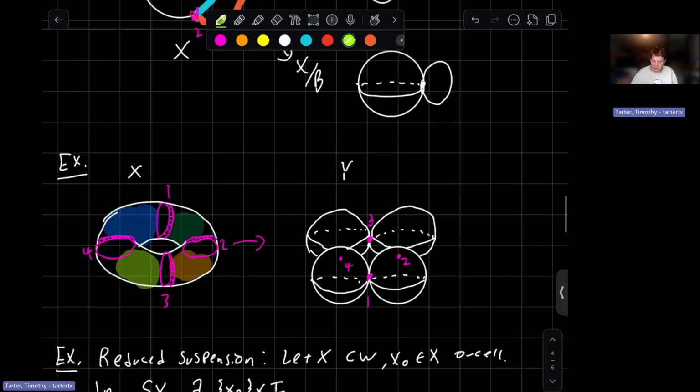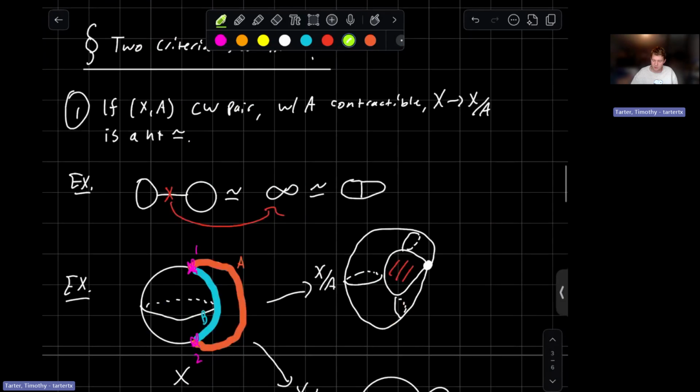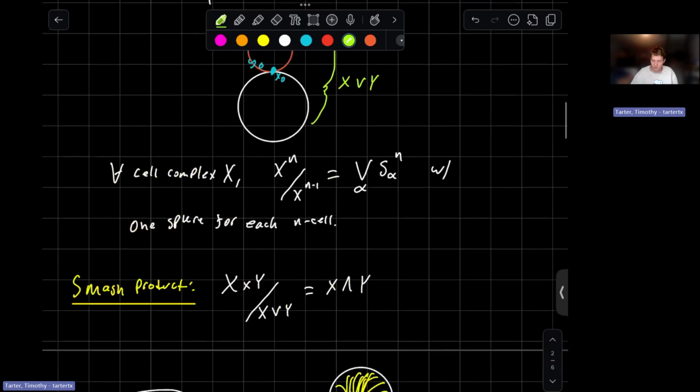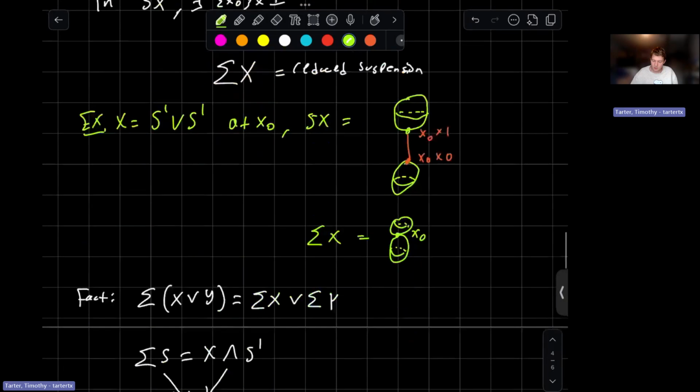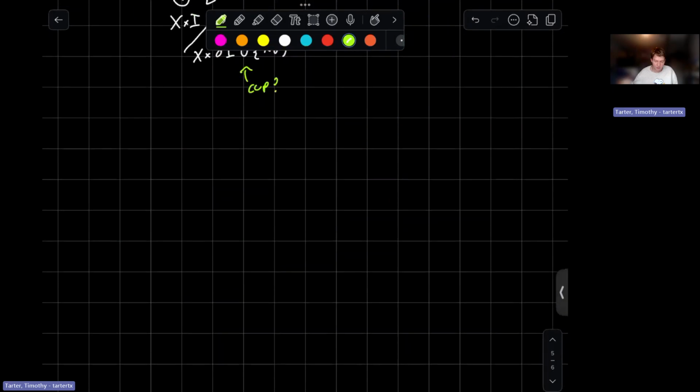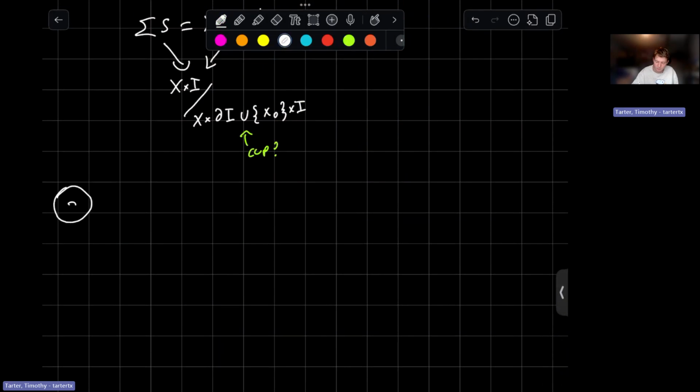So this has all kind of been an example of the first way to contract spaces for homotopy equivalence. The second way to contract spaces is attaching spaces. And this involves the idea of continuously varying how its parts are attached together.